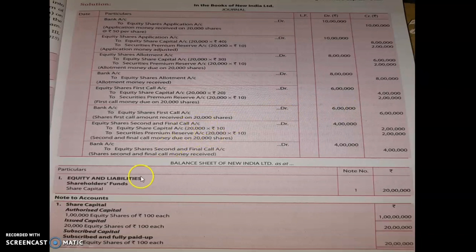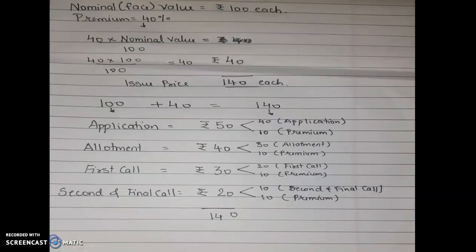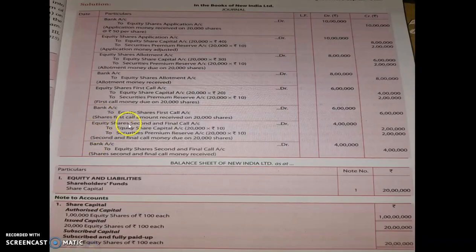Then the next two journal entries are related to the second, that is your final call. The total amount you are collecting on one share is 20 rupees. Out of this, 10 is of second and final call account and the remaining 10 is of premium. So the journal entry for the due amount will be equity share second and final call account debited to equity share capital account and to securities premium reserve account.